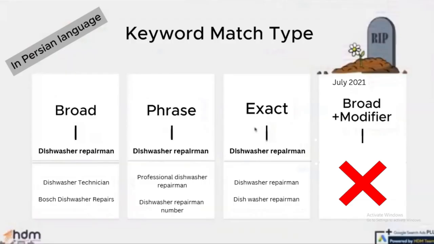Let's take a look. I'm making a lot of changes to the keyword right now. I don't have anything to do with Persian or English. Guys, in every form, exact, phrase, broad is determined by how it looks. It doesn't matter what they look like in different languages. Their actions are different in different languages.